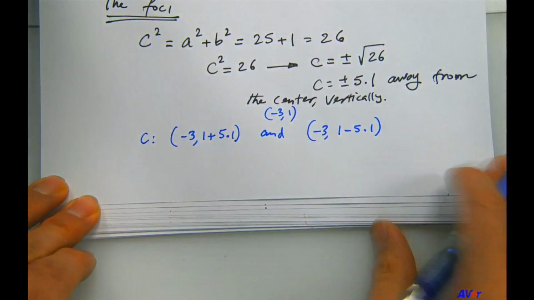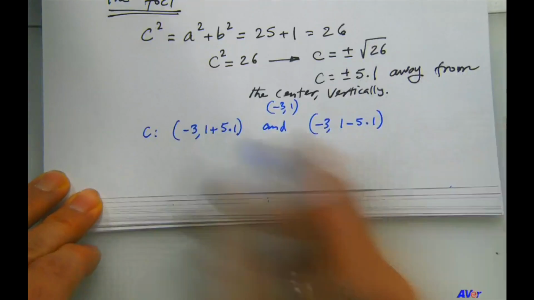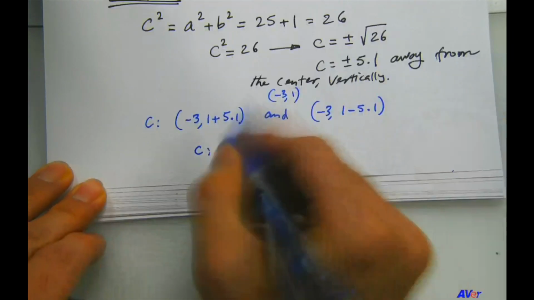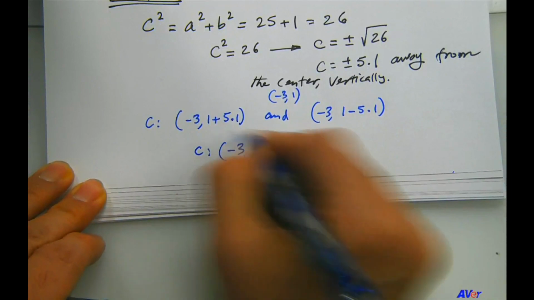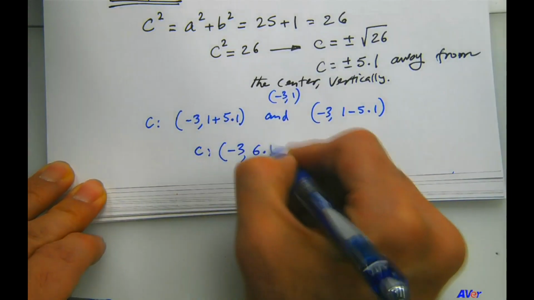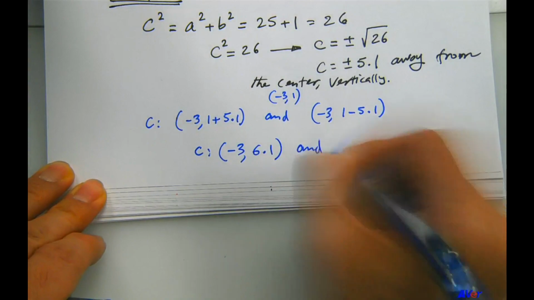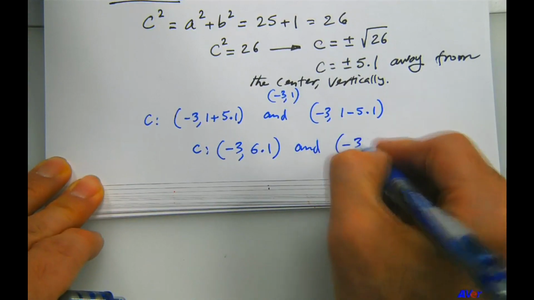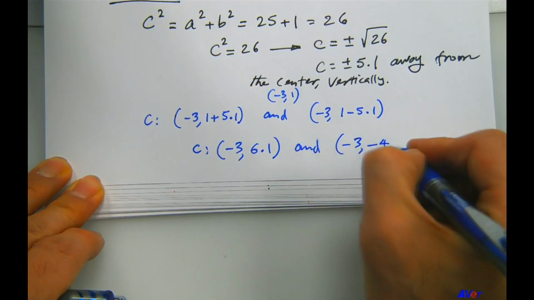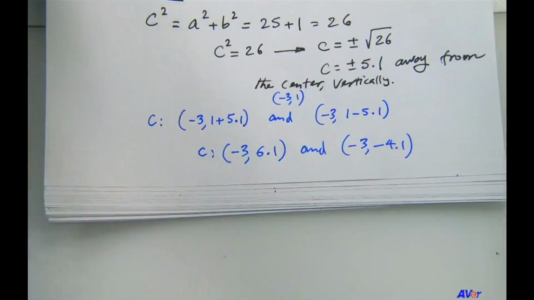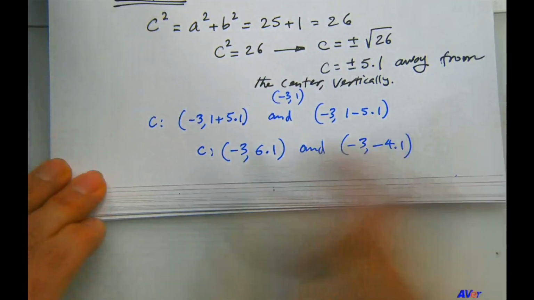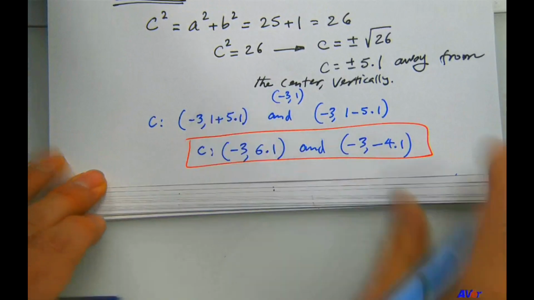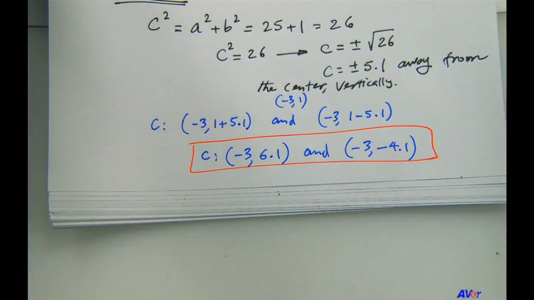Okay, so what do we end up with? We end up with the location of the focal points at -3, 6.1 and -3, -4.1. So that's the location of the focal points.